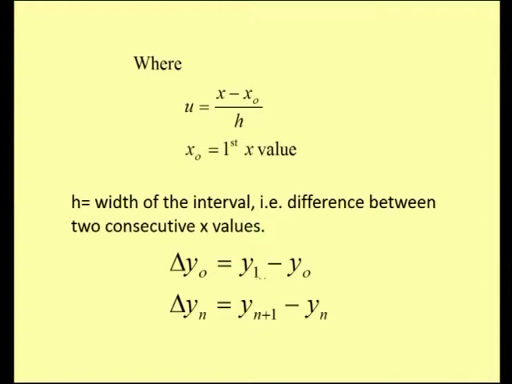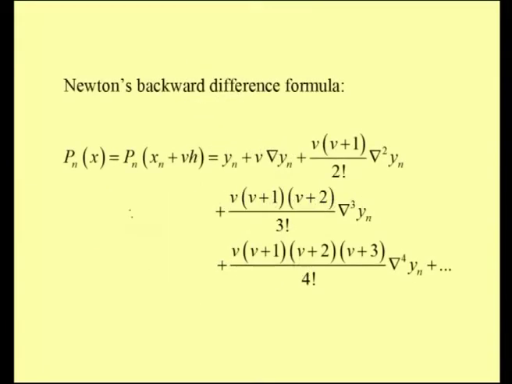So, del y0 is y1 minus y0, del yn in general is yn plus 1 minus yn. All these have been discussed earlier, and then here again v is taken as x minus xn by h.